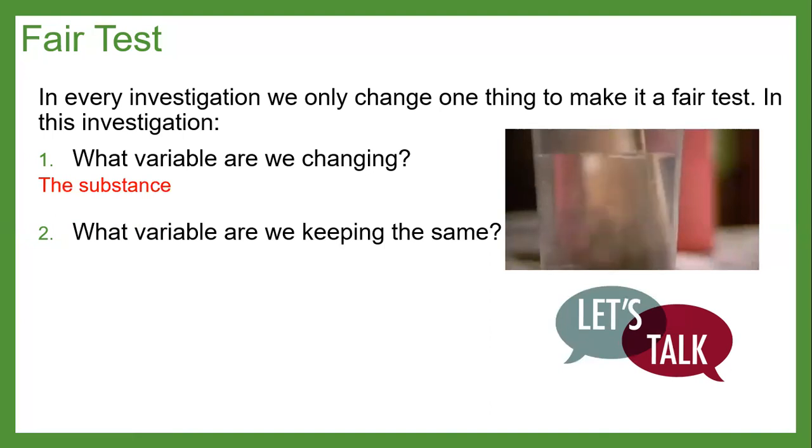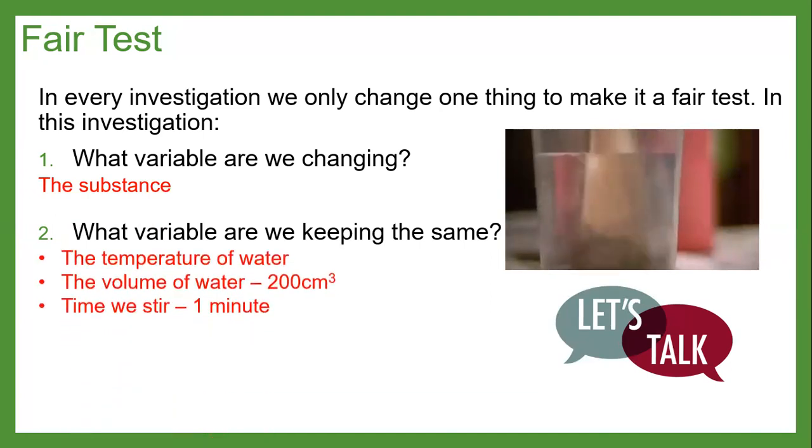So the variable we are changing is the substance. The list of substances that are going onto our table. What do we need to keep the same? The temperature of the water, the volume of water, that's the amount of water, and the time that we stir, how long we take to stir.